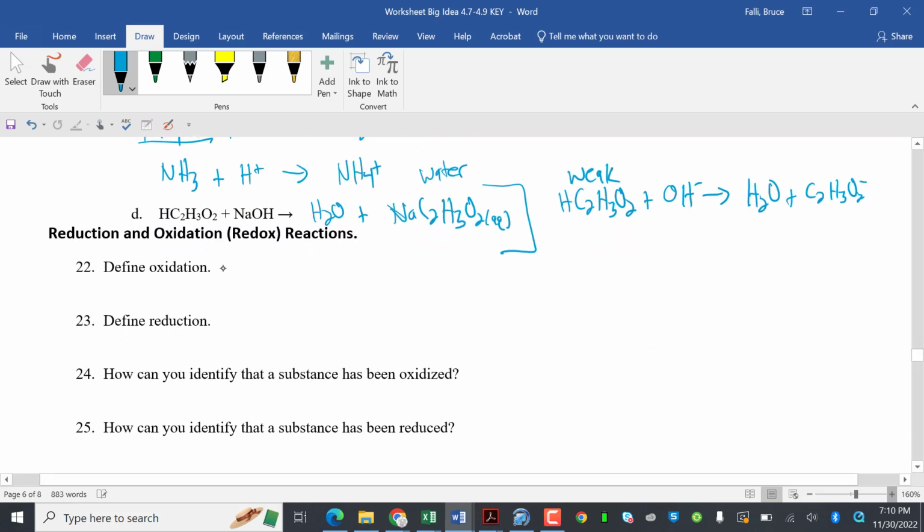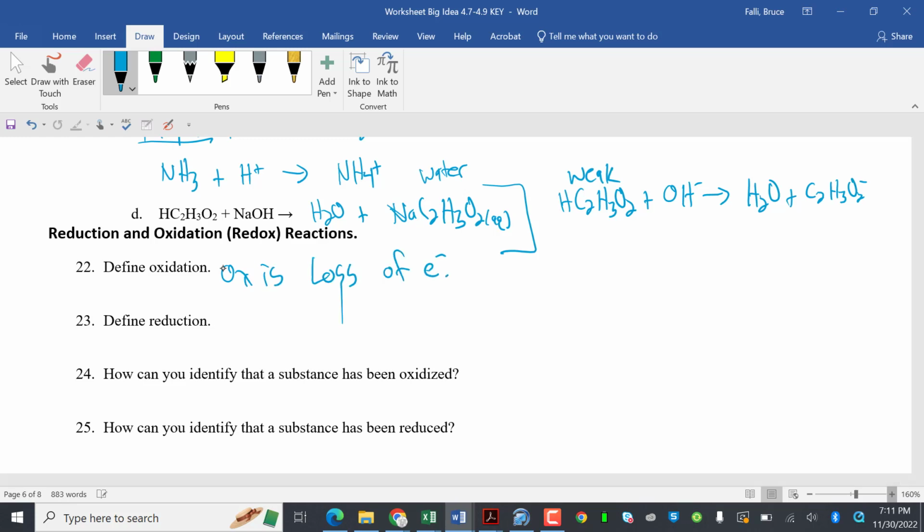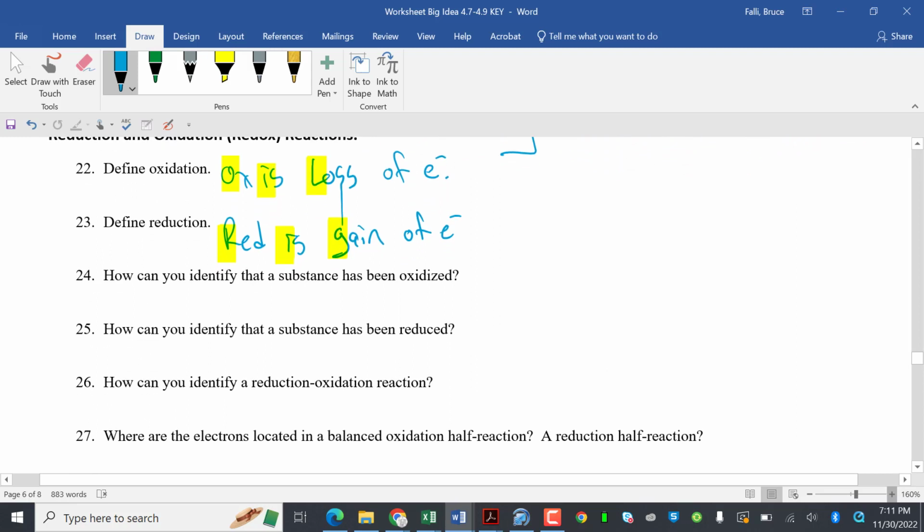Define oxidation. Oxidation is loss of electrons. Reduction is gain of electrons. And again, I say oil rig. Oil rig. Cool. How can you identify a substance that has been oxidized?